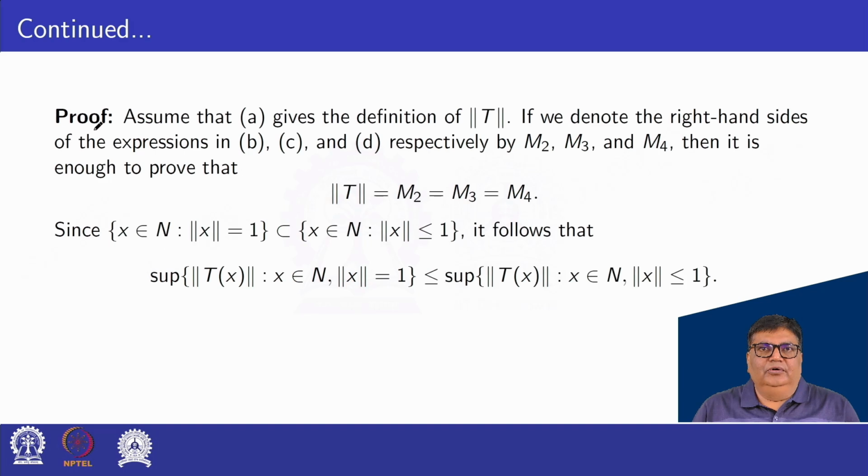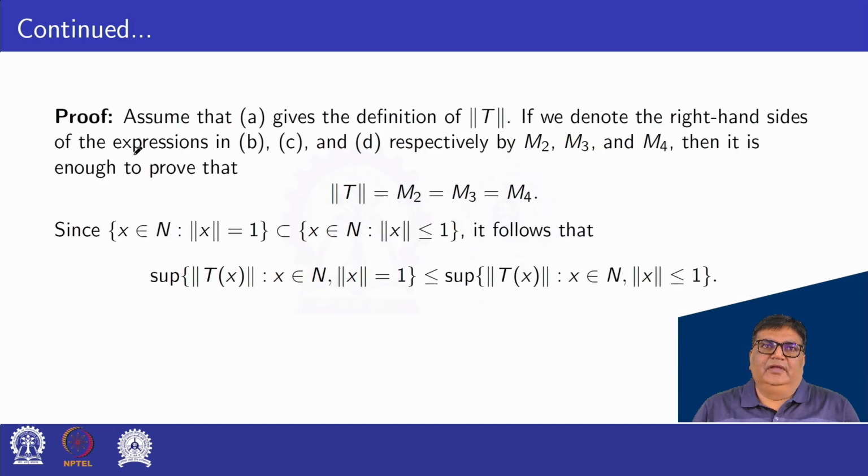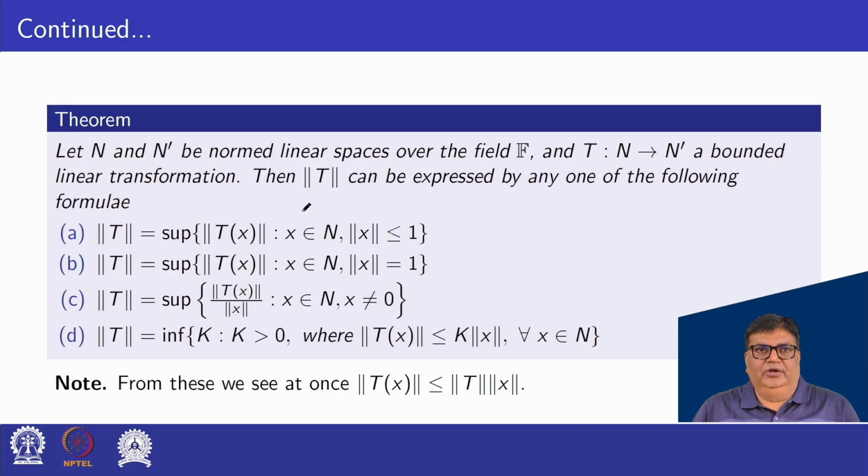So let us prove these are equal. Assume that A gives the definition of norm T. If we denote the right hand side of the expressions B, C, D respectively by M2, M3 and M4, then it is enough to prove that norm T is equal to M2 is equal to M3 is equal to M4.